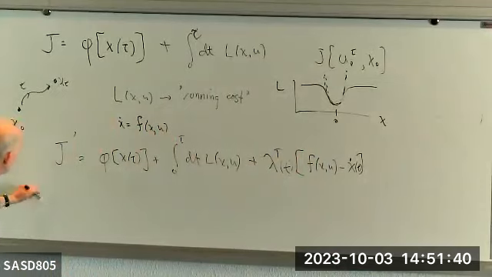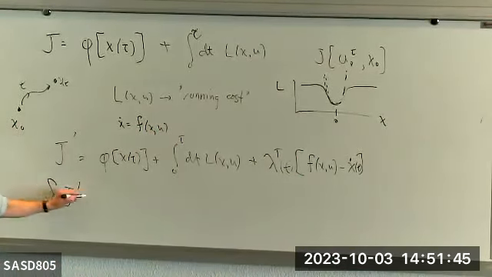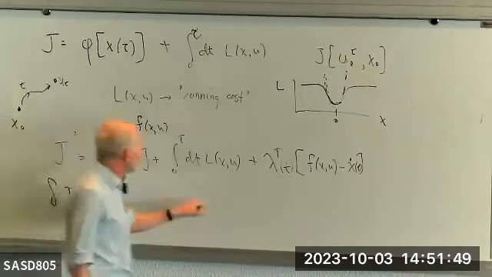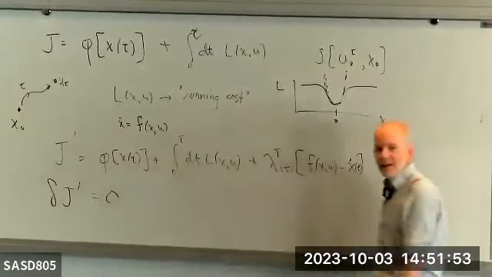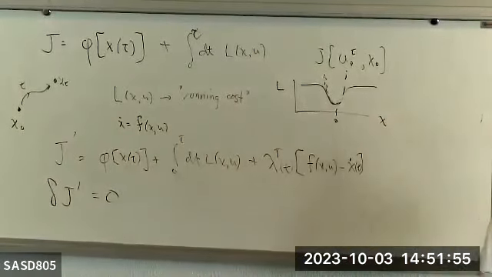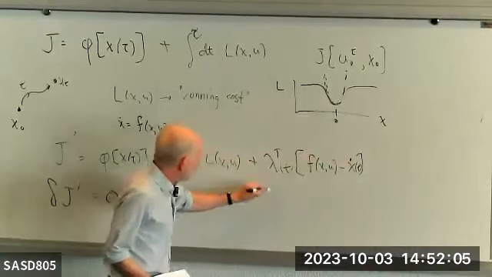And so then the idea is that we'll do a calculus of variations and set this equal to 0. And we have to do variations not only in X and in U, but also in lambda. Okay, and so again, this is the Lagrange multiplier trick that turns the constrained optimization into an unconstrained one with extra variables.